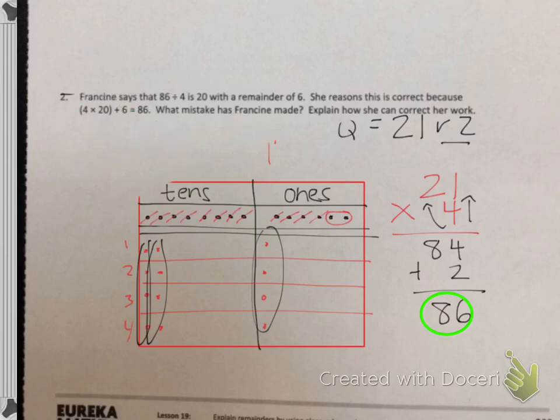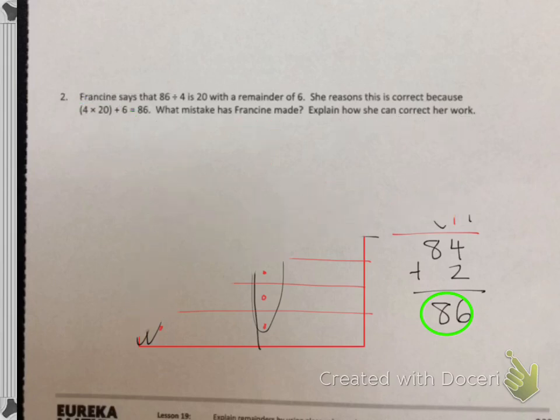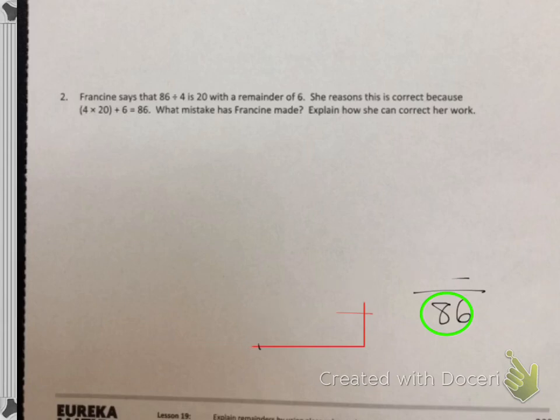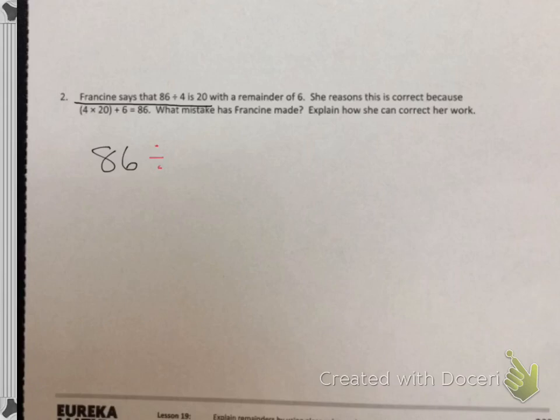And let's check out Francine and what Francine is thinking here with the division. So let's look at Francine. And Francine says that 86 divided by 4 is 20 with a remainder of 6.